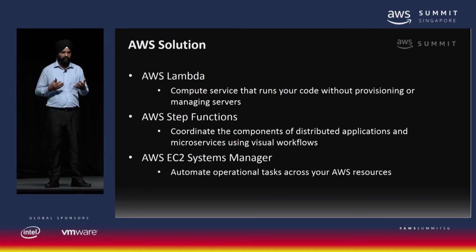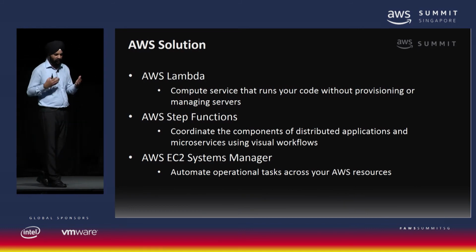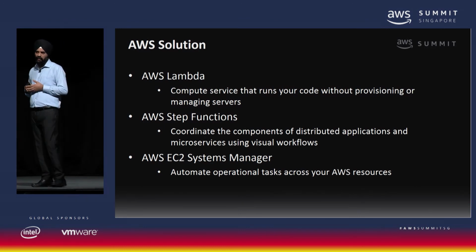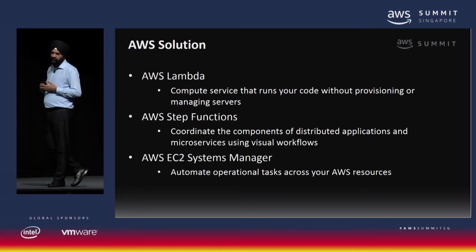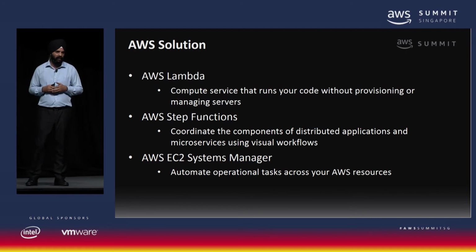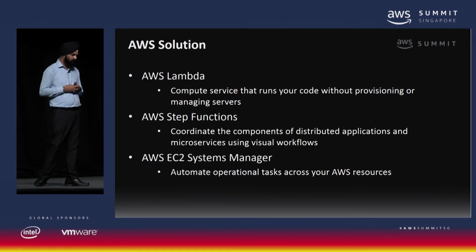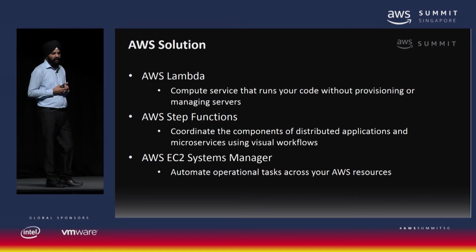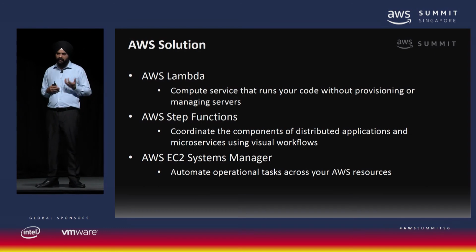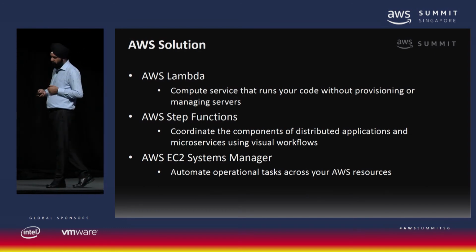So you just provide your code and then it runs magically somewhere. And AWS Step Functions is the orchestration layer, which basically coordinates the execution of these various different Lambdas and provides you a consistent outcome. EC2 Systems Manager helps you automate your operational tasks. So these are the three main core services that are used for this solution.